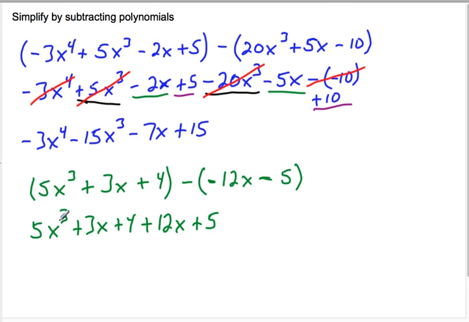There's only one cubic here, so we're just going to leave it at 5x cubed. I don't see any squared ones. We have some linear terms here: a positive 3x and a positive 12x, which will become plus 15x. And so we can cross these out. We have a 4 and a 5, so that'll be 9.